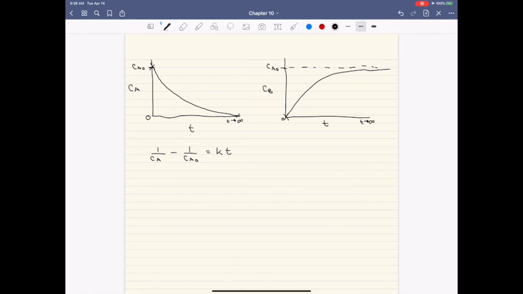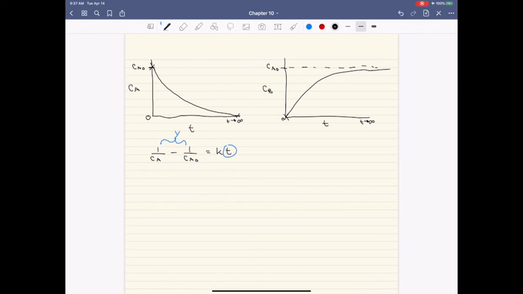And the reason I want to point this out is because in this form, you'll notice that basically what we have is a linear equation, where the left-hand side, we could say, is y, and if our independent variable is t, the slope here would just be k. All right?